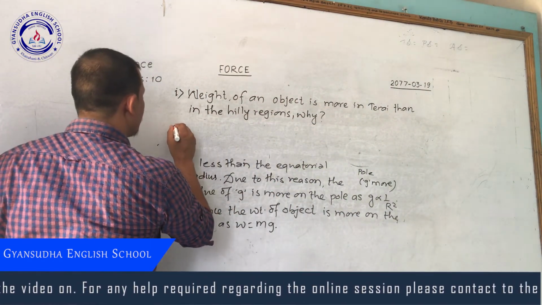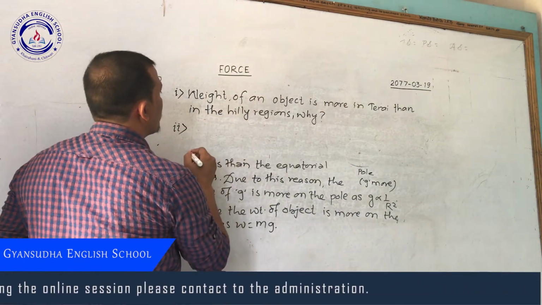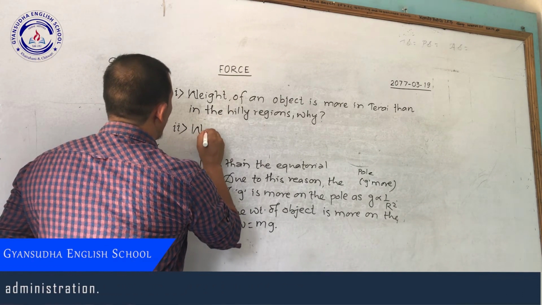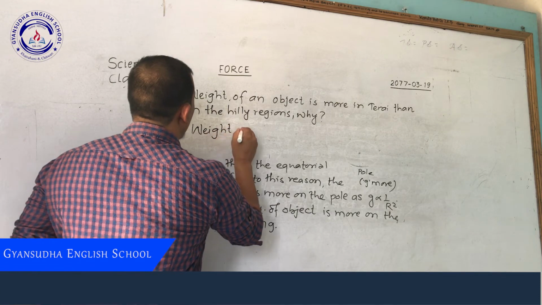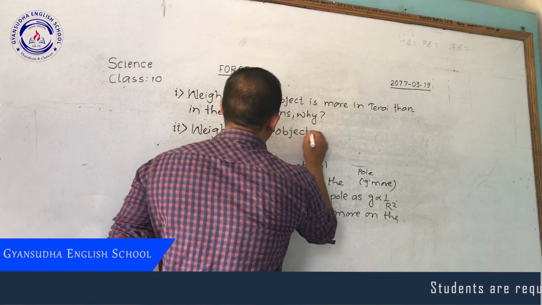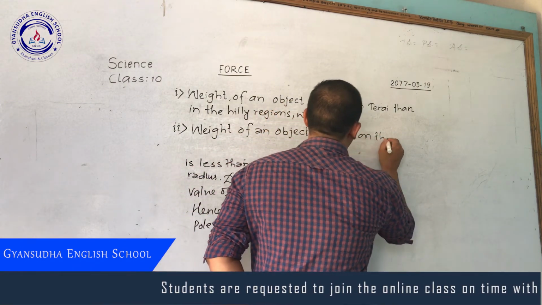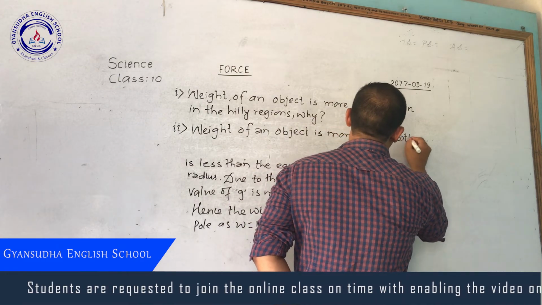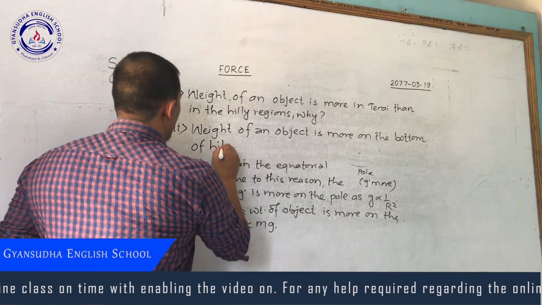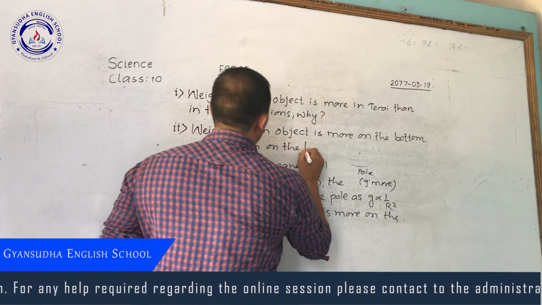Number 2. Weight of an object is more on the bottom of a hill than on the top of it.